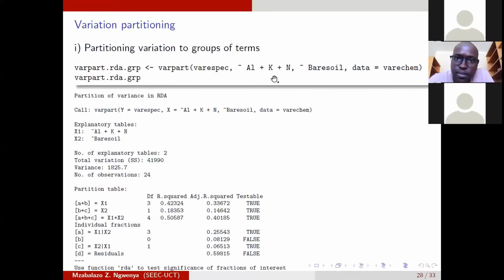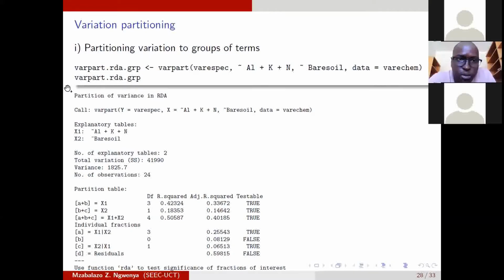So we could think of aluminium, potassium, and nitrogen as being one group of variables, which are the chemical properties of the soil, and we group them together. Then our other significant variable, the bare soil, is some other component or characteristic of the soil. So we consider this as being related and that as being on its own.